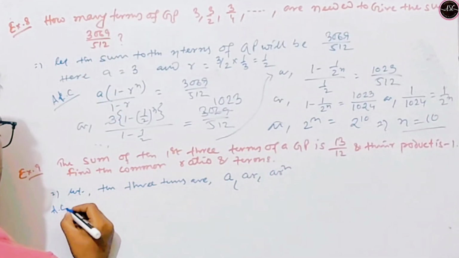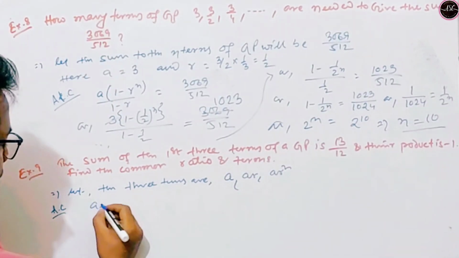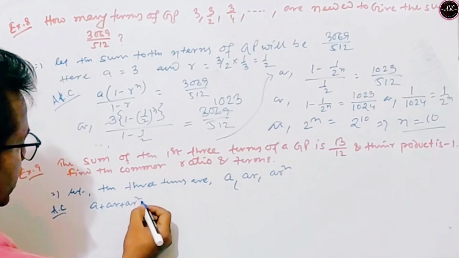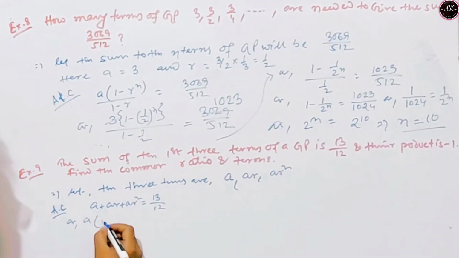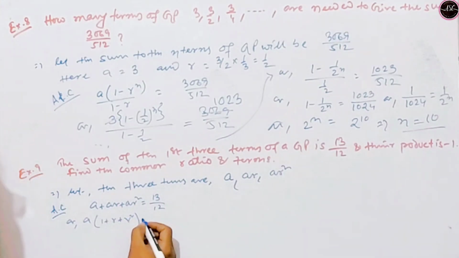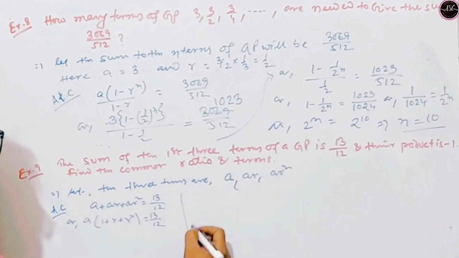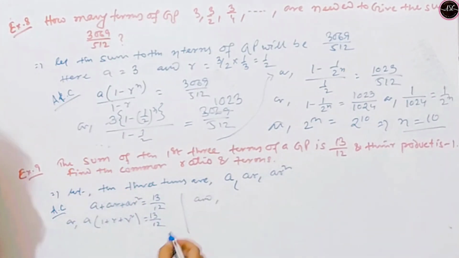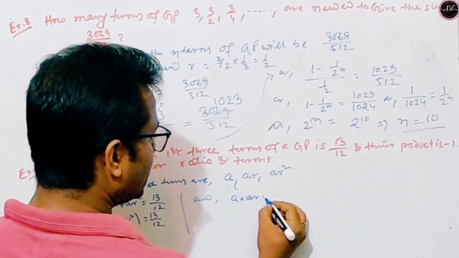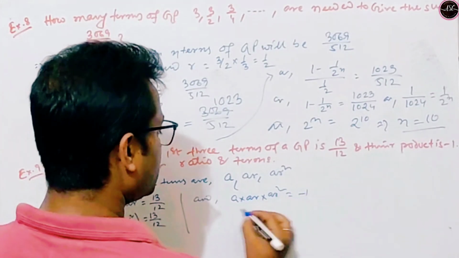So according to the condition, we have A plus AR plus AR square equal to 13 by 12. So taking A common, we get A into 1 plus R plus R square equal to 13 by 12. And the product is minus 1. So A into AR into AR square equal to minus 1.